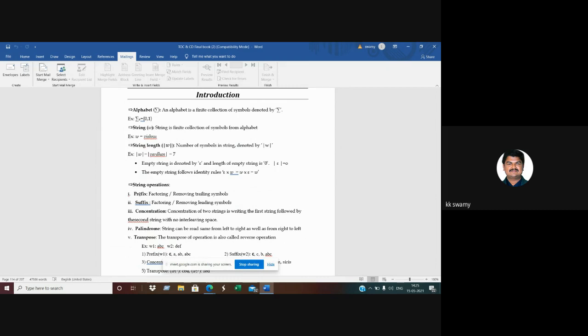So in the languages, what are the concepts there? If you want to learn any language, you should always start from where? From the alphabets. That's why the main central concept of finite automata and the TOC subject, the first one, is called the alphabet. So what is meant by alphabet? And instead of alphabet I am giving one more concept, that is called symbol.